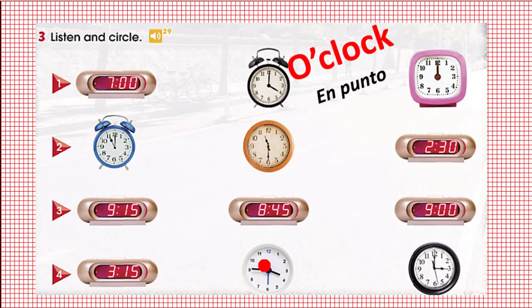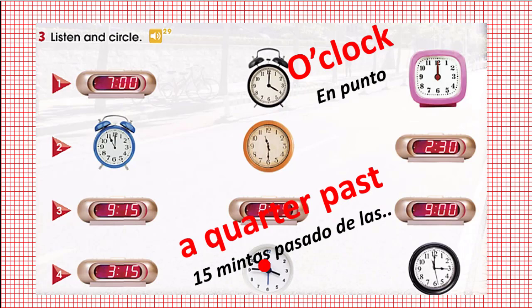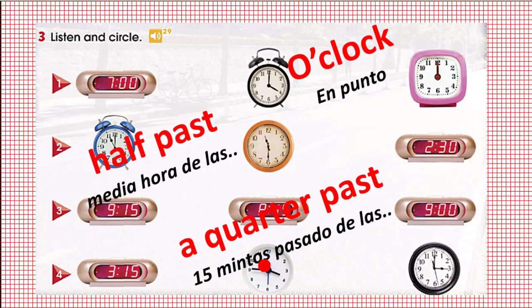Pay attention. For example, we have o'clock, significa en punto. A quarter past significa 15 minutos han pasado de las. So that we have half past, media hora de las. Okay, don't forget o'clock, a quarter past, and half past.